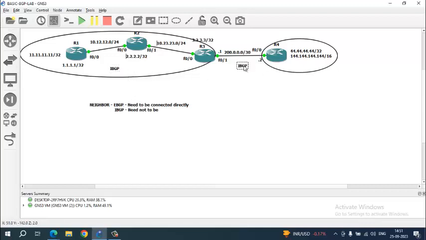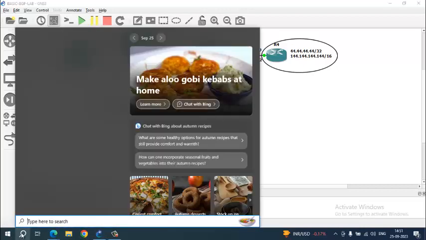You see, IBGP and eBGP are not the same in policy. Look at this. The default policy is eBGP needs to be directly connected, whereas if it is IBGP, it need not be directly connected. What does that mean in other words?